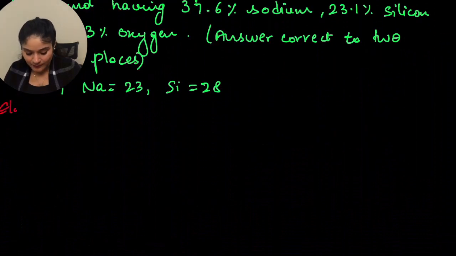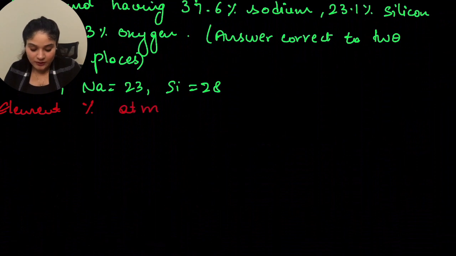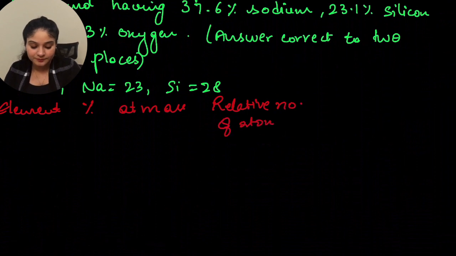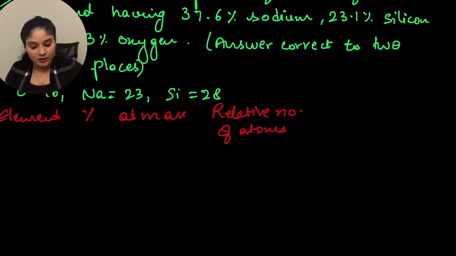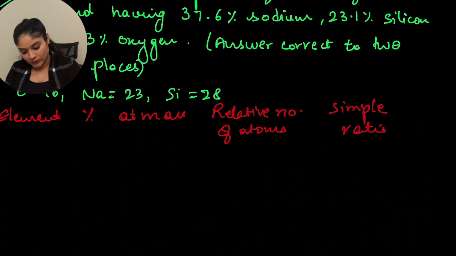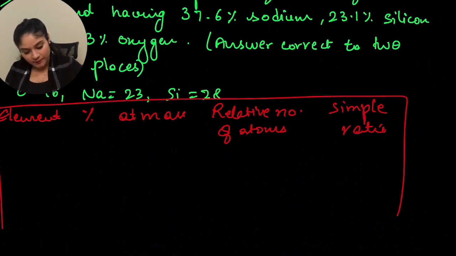So the first will be element, percentage, atomic mass, relative number of atoms, and simple ratio. So let's make this entire chart.